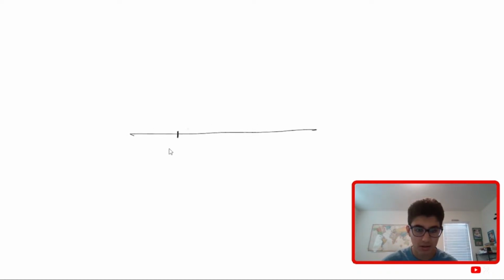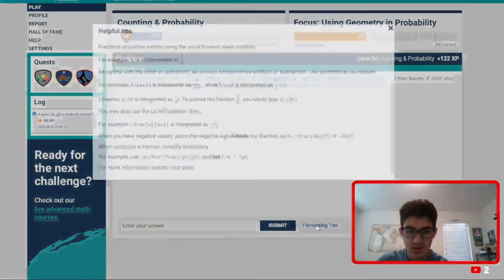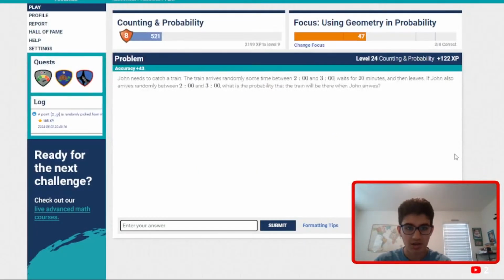You've got 2 o'clock, you've got 3 o'clock. It'll arrive at some point there and it'll stay for 20 minutes. Maybe I'll have to see the solution and do it after that, because I don't really remember how it works. It's just going to be some fraction.